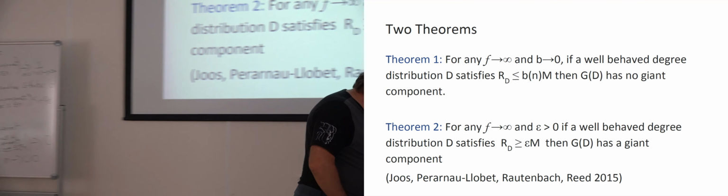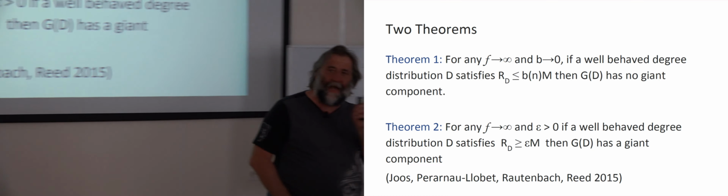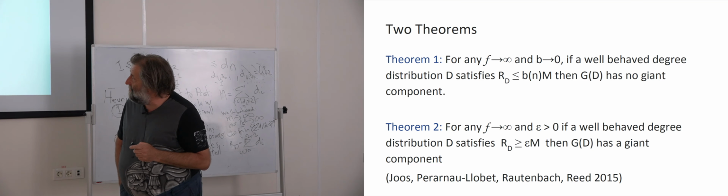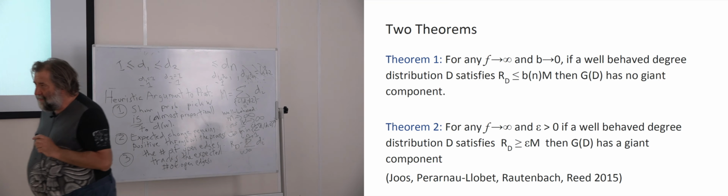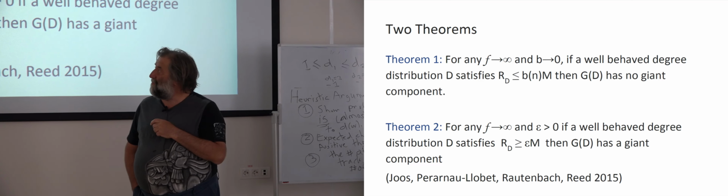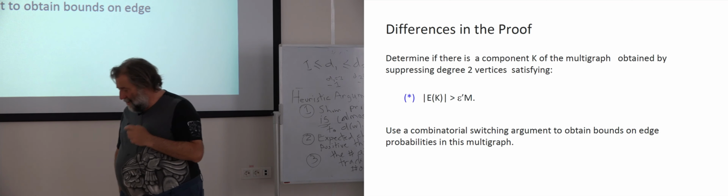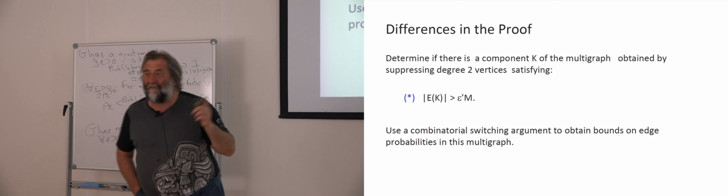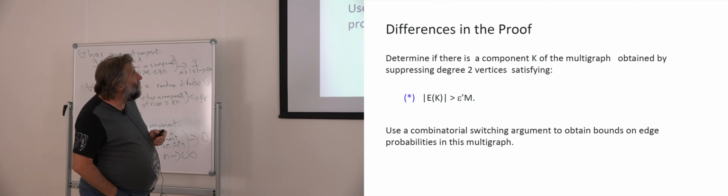So those are the results, and that's the intuition behind it. RD tracks how many edges you get to throw in before the expected change goes down to 0. And now let me tell you just a few more details of the proof, or an intuition of the proof. We've already seen some of it. We suppress the degree 2 vertices and we look at the multigraph that we get.